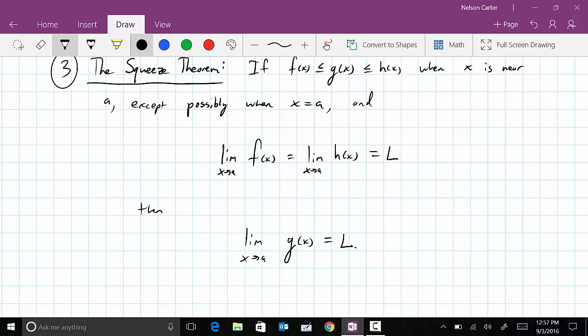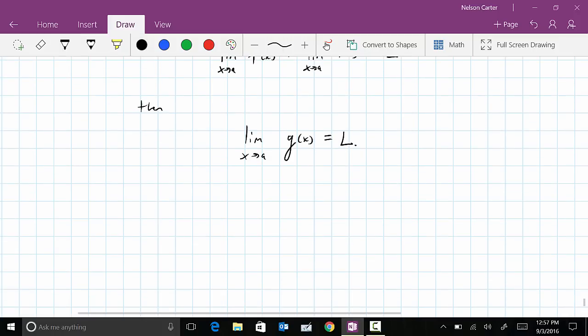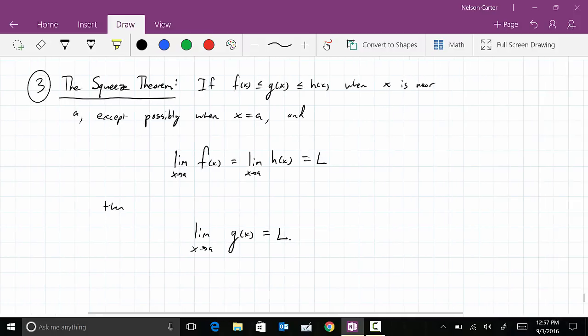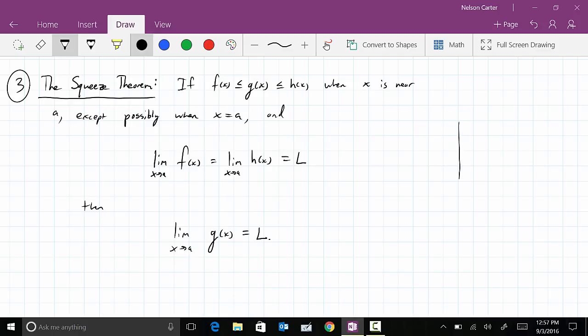All right, so here's the point. Here's what this theorem really says. Suppose you have some graph, and suppose you're talking about x is equal to a. Suppose you have some blue function called f.